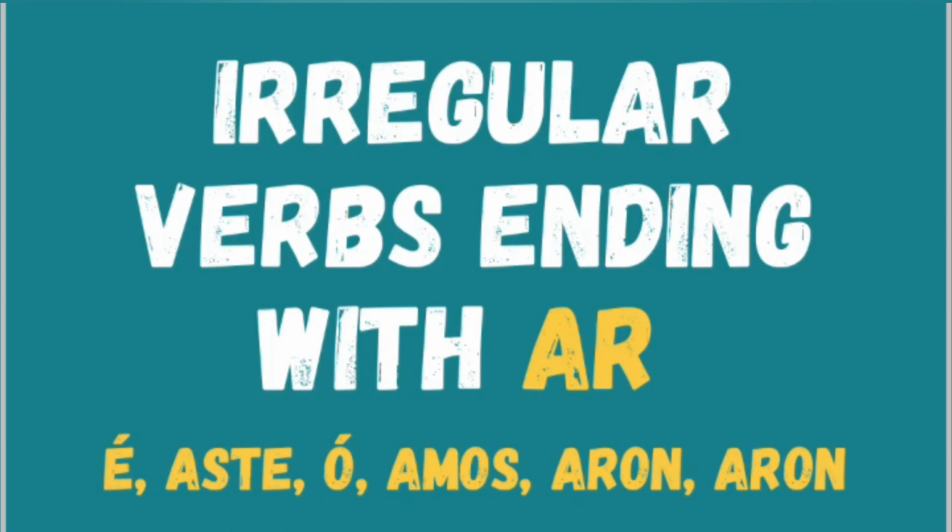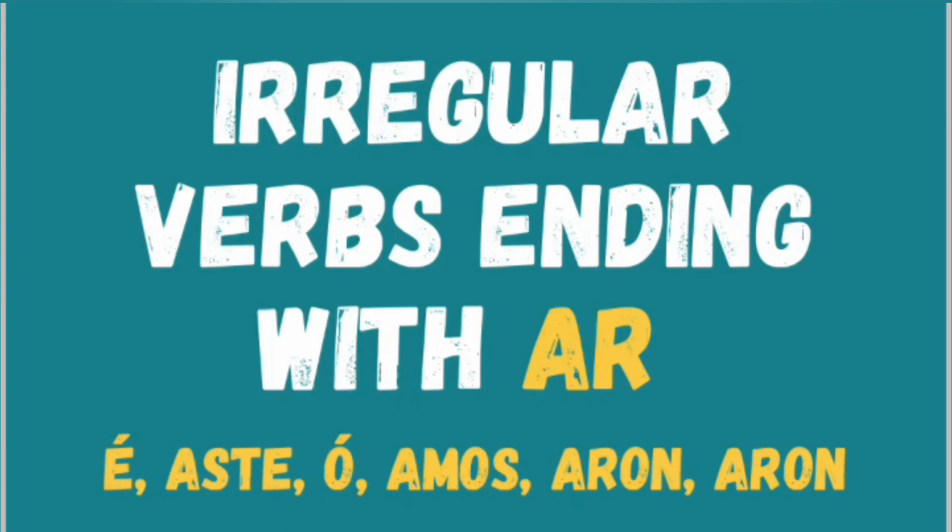If we talk about the personal pronouns he, she, it, él, ella, eso, then the ending of our verb would be with letter O with an accent, okay? If we're talking about the personal pronoun we, nosotros, then the ending of our verb would be amos, okay?